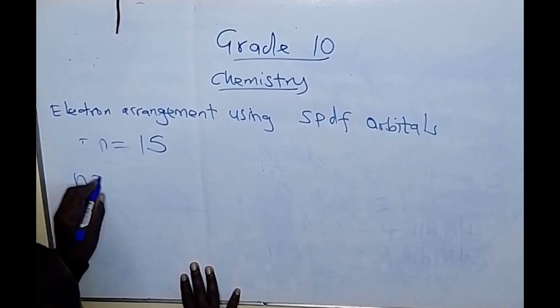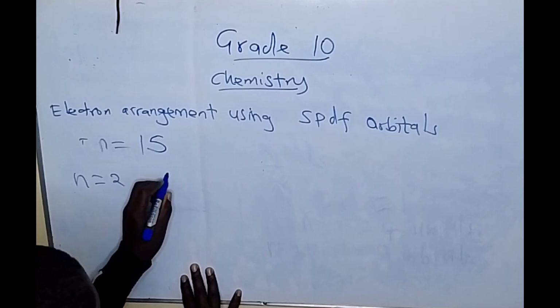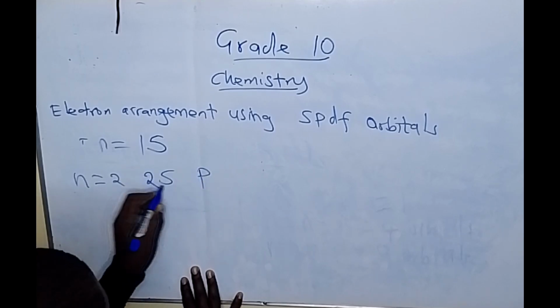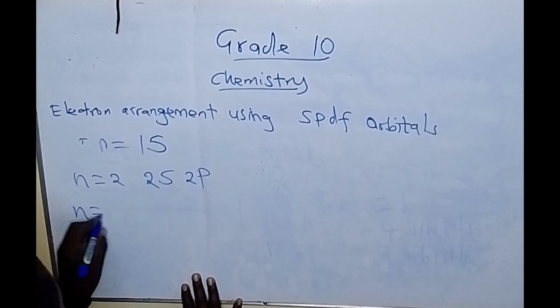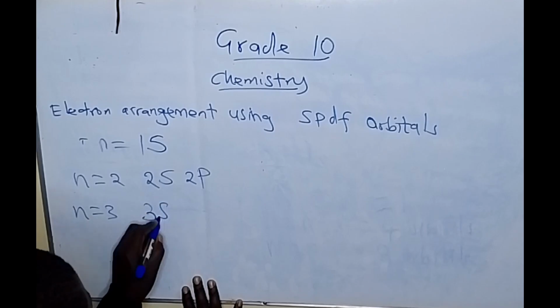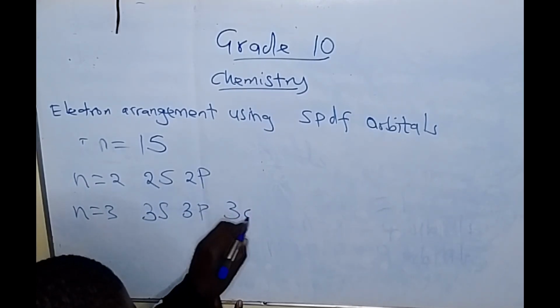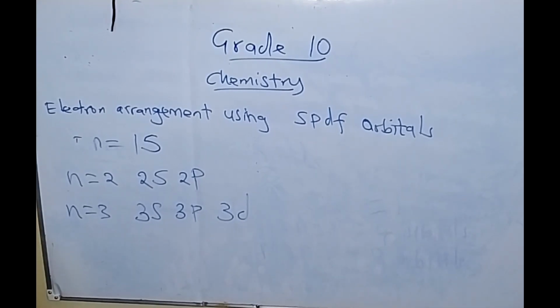When n equals 2, we have two types of orbitals, s and p, which are labeled 2s and 2p. When n equals 3, we have 3s, 3p, and also 3d. That's how they are named.